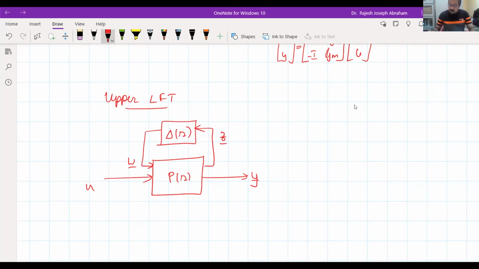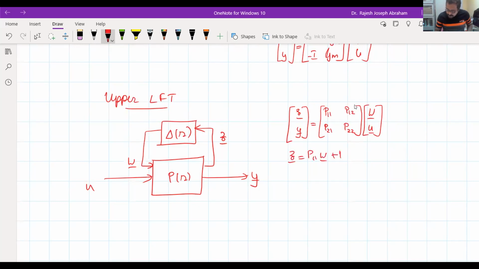So what are the equations? ZY equals P11, P12, P21, P22 into WU. What did you get if you expand this matrix? Z equals P11W plus P12U.